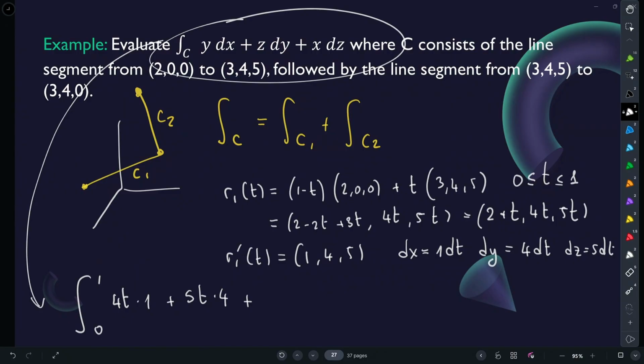And x is 2 plus t, times dz, and dz is 5 dt, so I have to multiply by 5. So this is the same integral, but now parameterized with respect to time. This is just the part for C1, and then you can parameterize the second part and get the total sum. All right, so next time we'll talk about vector fields.